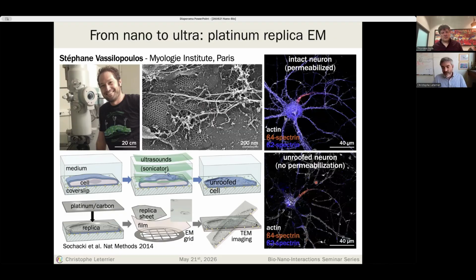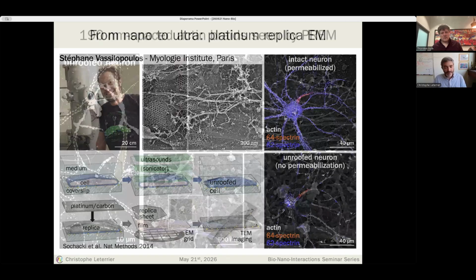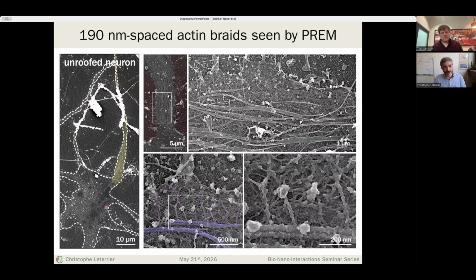So we managed to unroof neurons, and we could unroof the cell body and the proximal neurites, including the axon, so that was good. If you look at this EM image of the replica, you see these are the parts that are unroofed. The bright white ones are where it's not unroofed, so the distal dendrites and axon are very difficult to unroof. But we can see the beginning of the axon here in yellow.